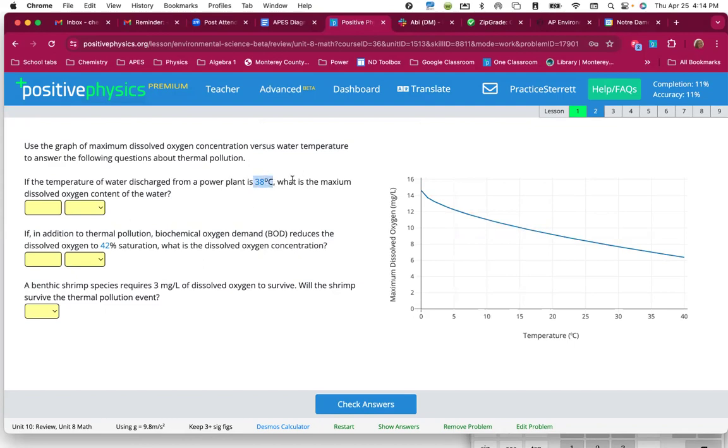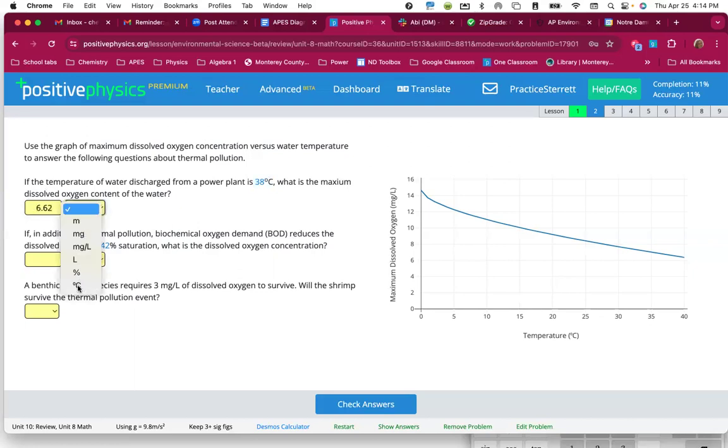So this is saying if the temperature of water discharged from a power plant is 38 degrees Celsius, what is the maximum dissolved oxygen content of the water? So water that's hotter can hold less dissolved oxygen, and we can see that in the graph. And so I have at 38 degrees, it's 6.62.